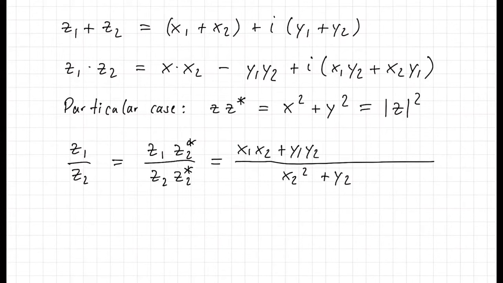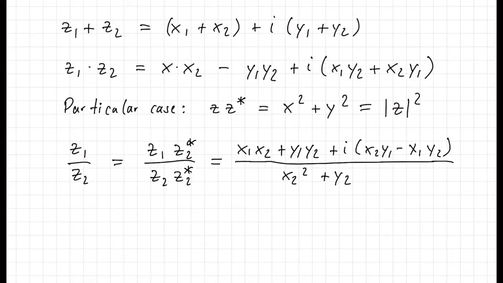We have a plus sign here because here we have the complex conjugate. And then for the cross terms, we get i times (x2 y1 minus x1 y2). So this is a generic formula for calculating the quotient of 2 complex numbers.